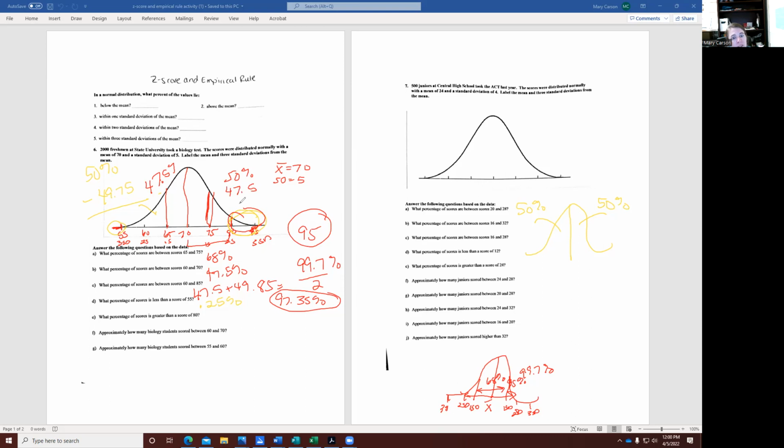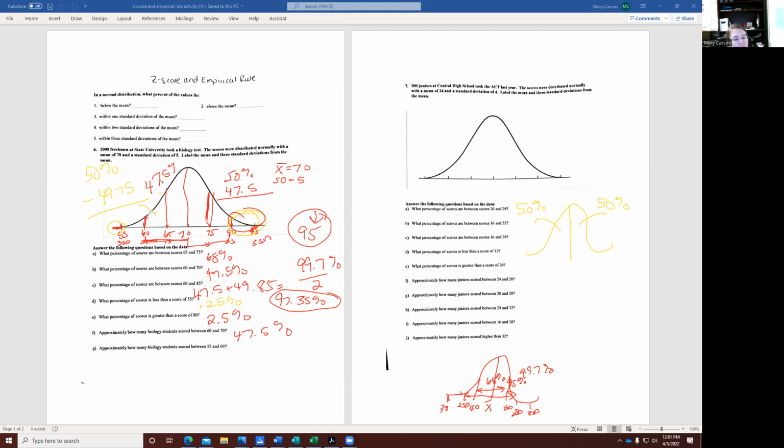We want what's left over, so we subtract: 50 minus 47.5 is 2.5%. Approximately how many students are between 60 and 70? Again, this is 2 standard deviations and we're only doing half of it. 95 divided by 2 is 47.5.